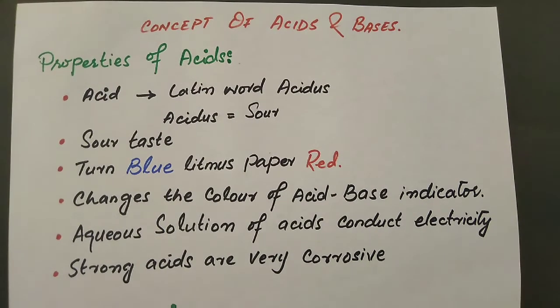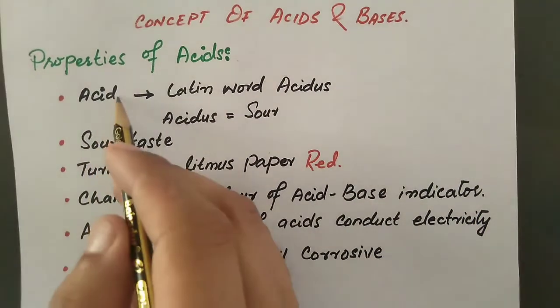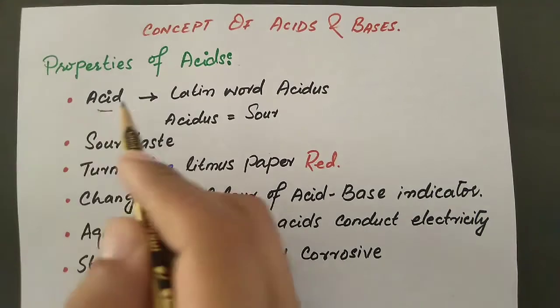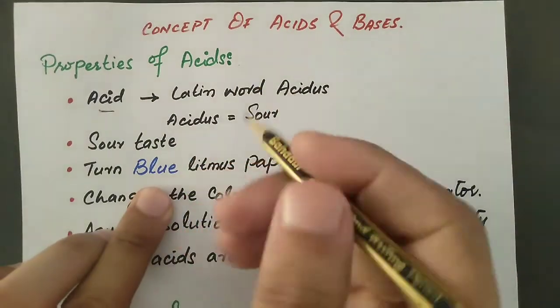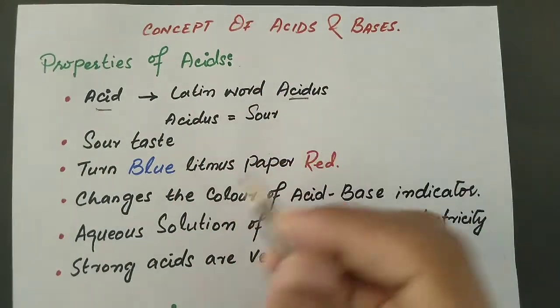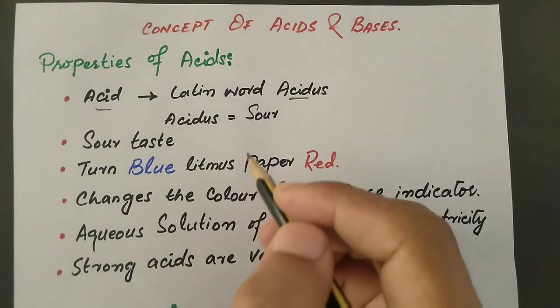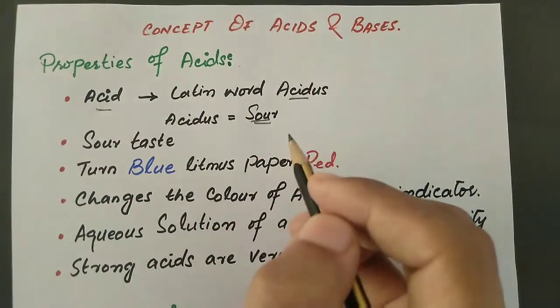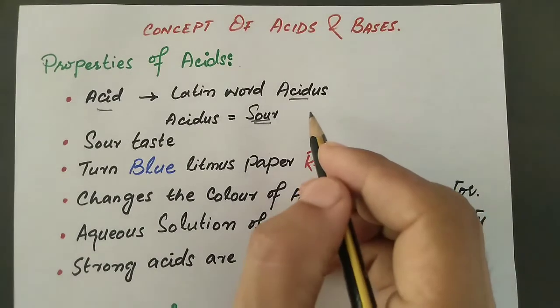First of all, some basic properties of acids. The word acid is derived from a Latin word, acidus, and this Latin word acidus means sour.